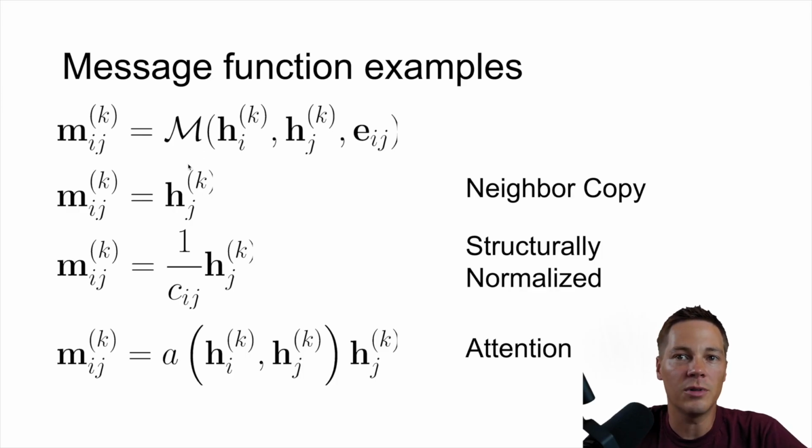Now let's talk about a couple instantiations of the message function that you'll see in the papers. The first one is simply a copy of the neighbor's features, HJ. So this would be, in our example, the age and net worth of all the neighbors being sent to our destination node. Another way you might want to do that is to take those features but then scale by a constant, where this constant is proportional to the number of degrees of node J, for example.